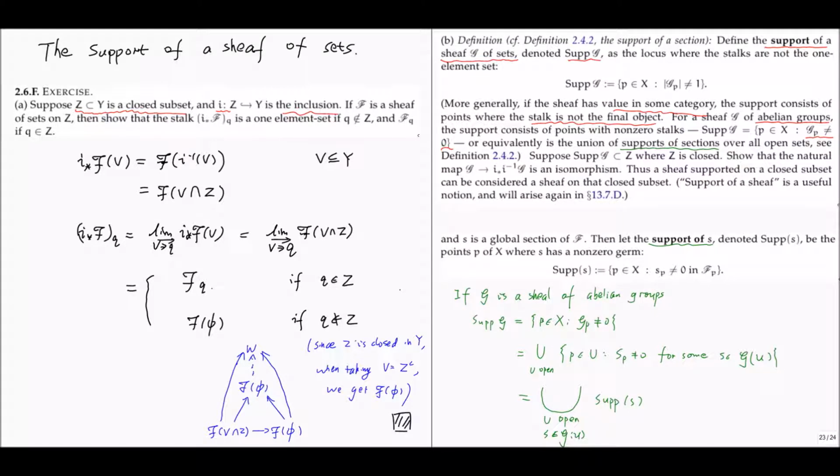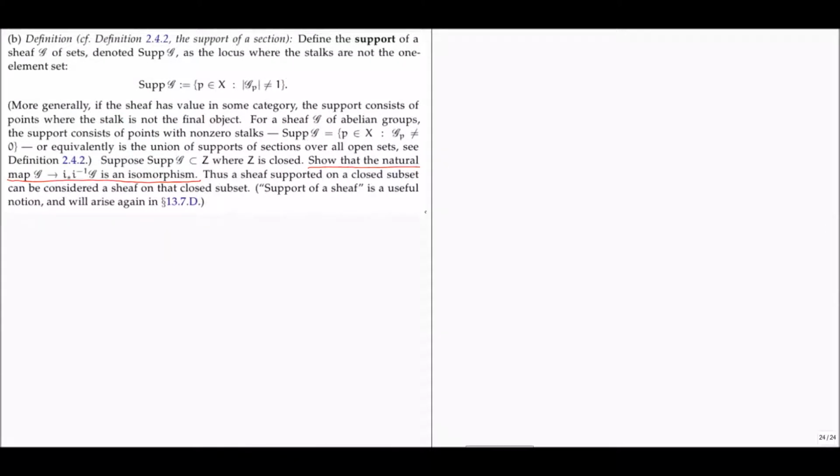Now let's prove that the natural map from G to the push forward of the pullback of G under the inclusion map i is an isomorphism. Before we start our proof of part B, we first need to unravel what this natural map from G to the push forward of the pullback of G really is.